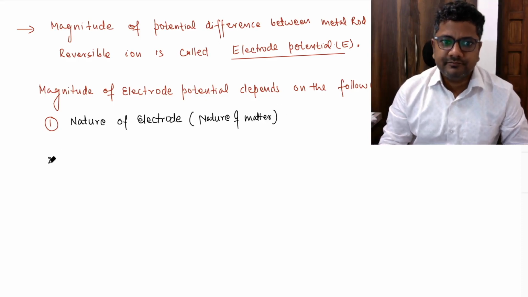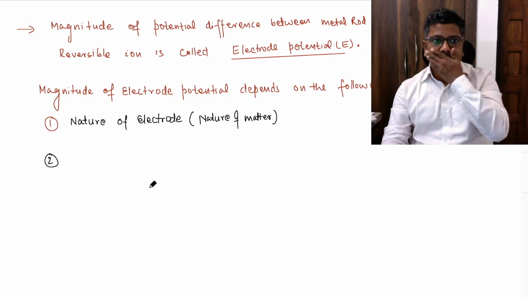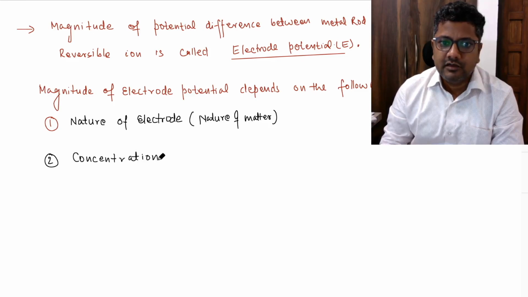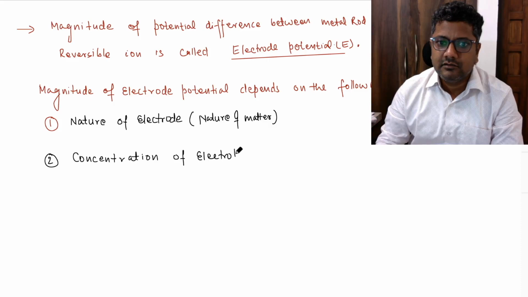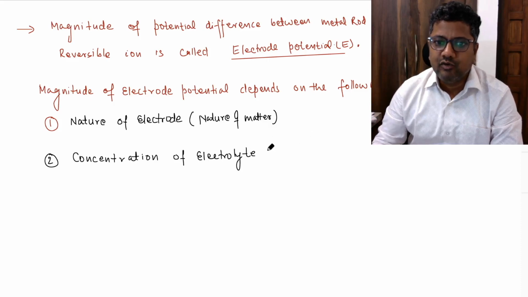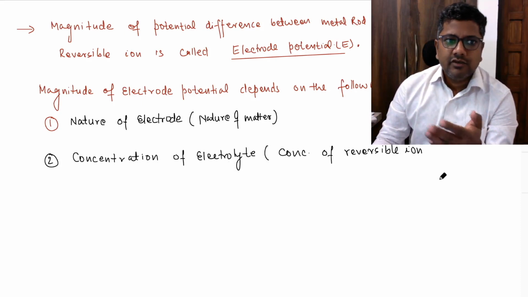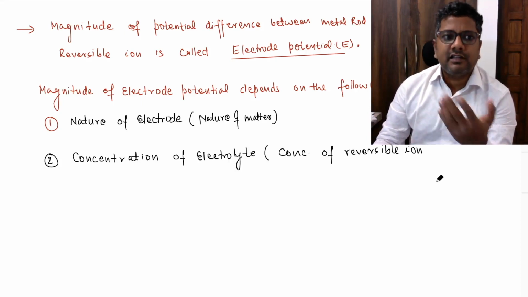Second factor, concentration of electrolyte, and more precisely the concentration of reversible ion, or an ion which affects the concentration of reversible ion.